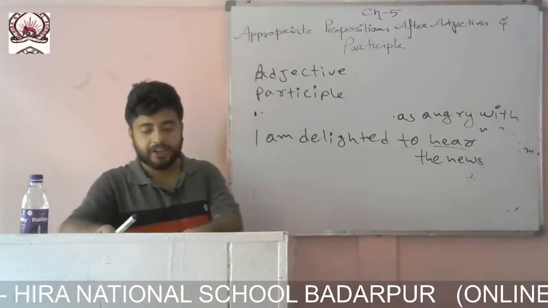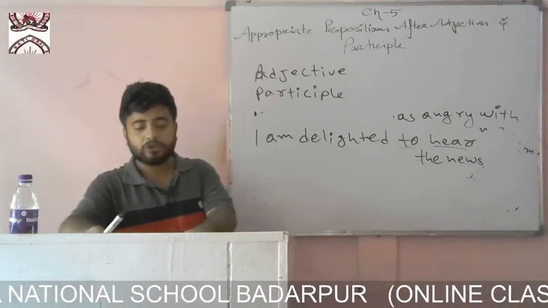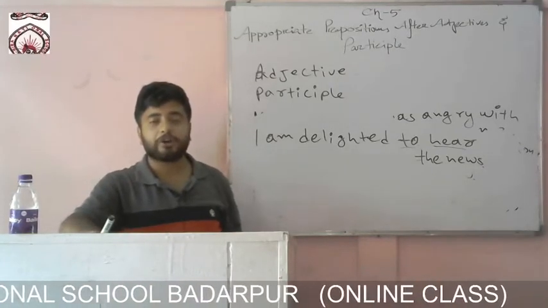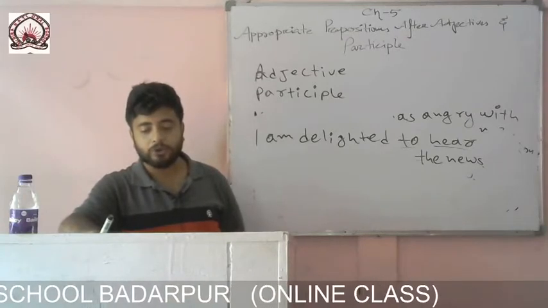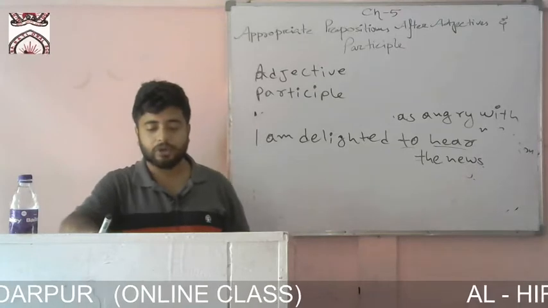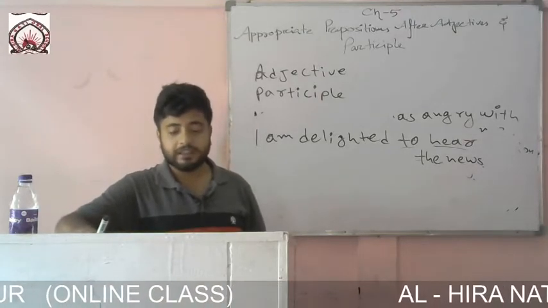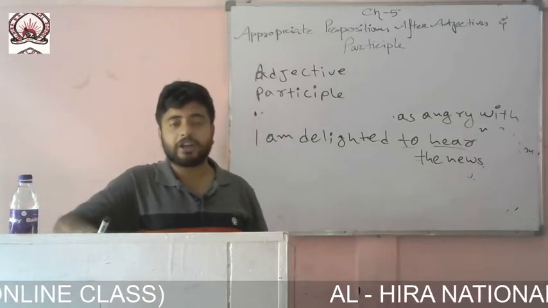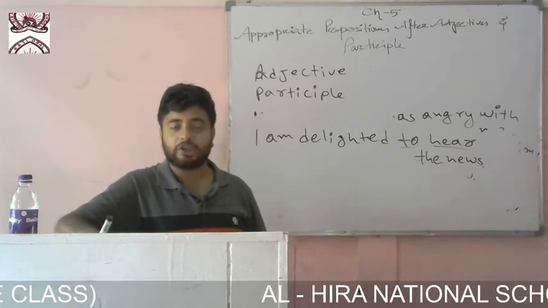Disappointed with somebody and disappointed at. So with somebody, I am disappointed with you. If a person is there, then disappointed with me. He is disappointed with me as I did not receive his call.